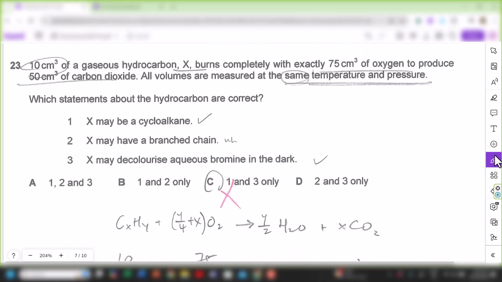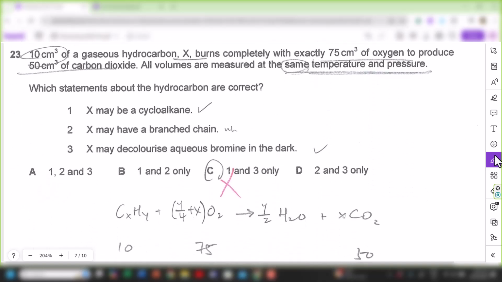For question 23, we have 10 cubic centimeters of a gaseous hydrocarbon X burning completely with exactly 75 cubic centimeters of oxygen to produce 50 cubic centimeters of CO2. All volumes are measured at the same temperature and pressure. The question asks which statements about the hydrocarbon are correct.